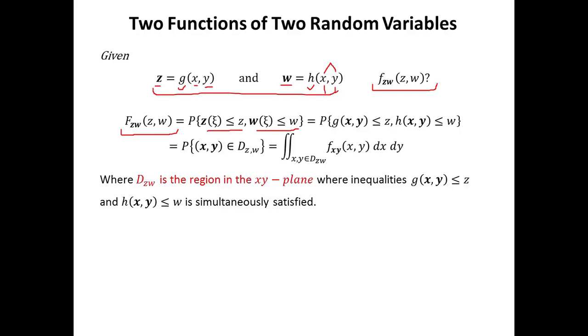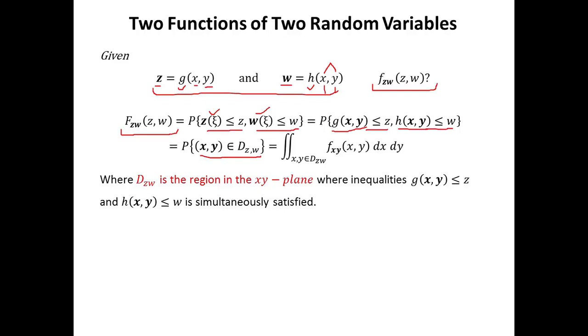Or we can say the probability that g(x,y) for Z(ζ) is less than or equal to z and h(x,y) for W(ζ) is less than or equal to w, which is equivalent to the probability of (x,y) such that (x,y) belongs to the region D_zw.